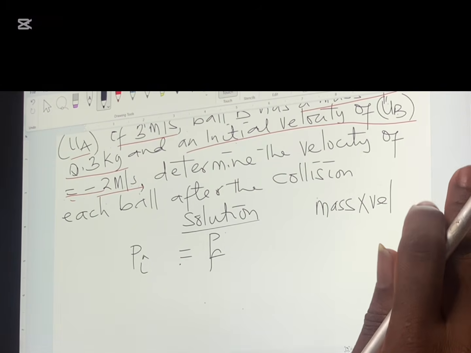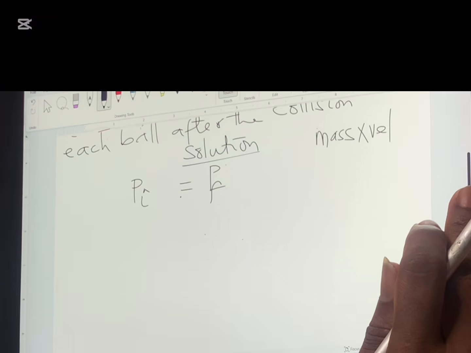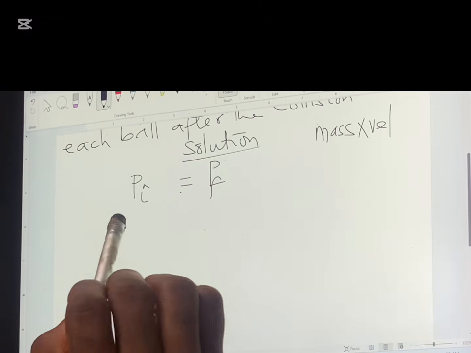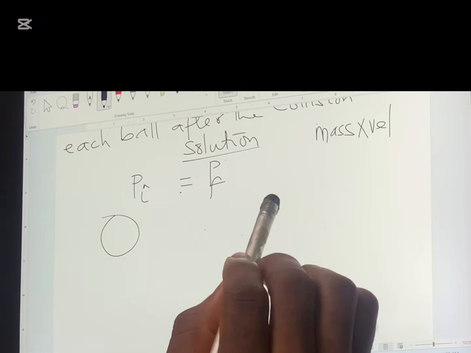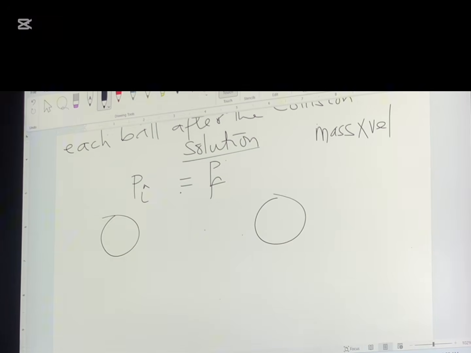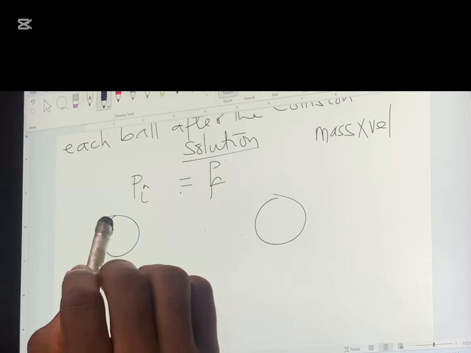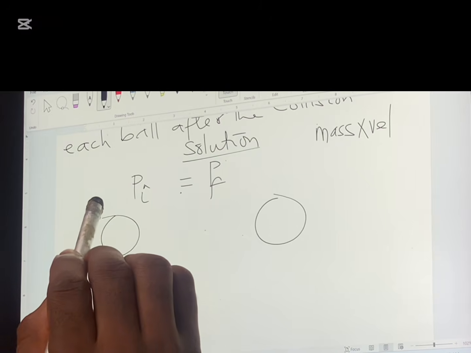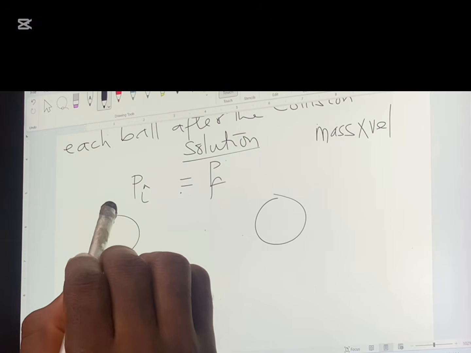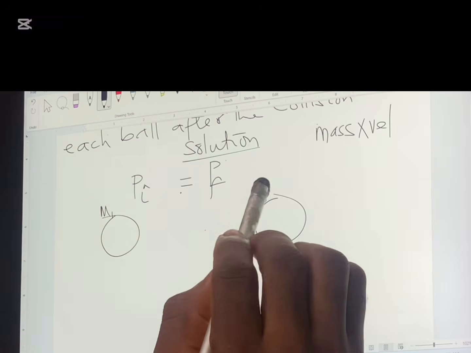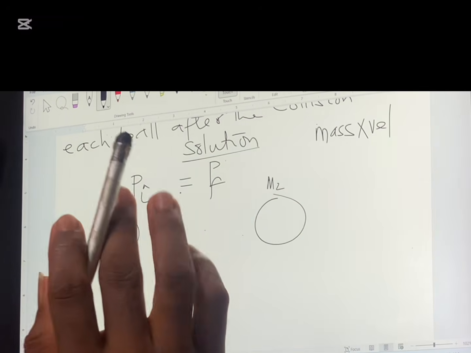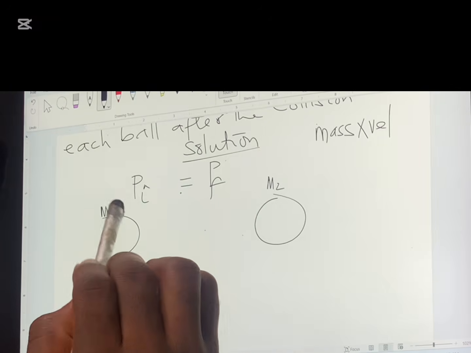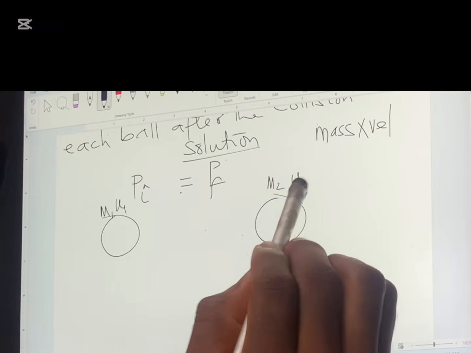So before collision here, class, I will have this object with mass 1 and this one mass 2. Before collision, the velocity will be the initial velocity, that is u1 here, and u2 here.